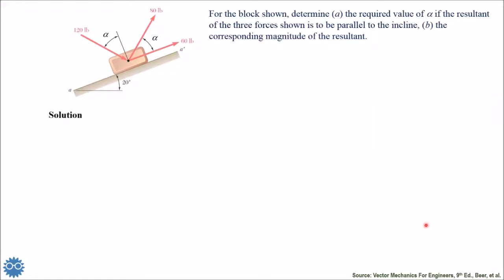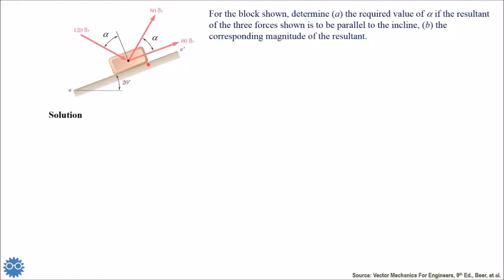Again, we have the same block, but this time the requirements are different. Determine the required value of alpha if the resultant of the three forces shown is to be parallel to the incline.